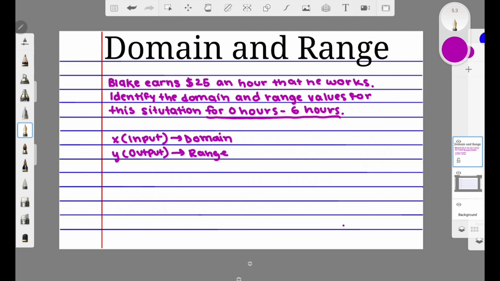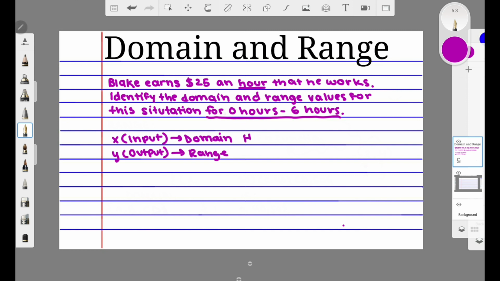So the x value, you can think of that as your independent variable, the thing that is going to make it change. So the hours is our independent variable because the hour doesn't depend on the money. The money depends on the hour.